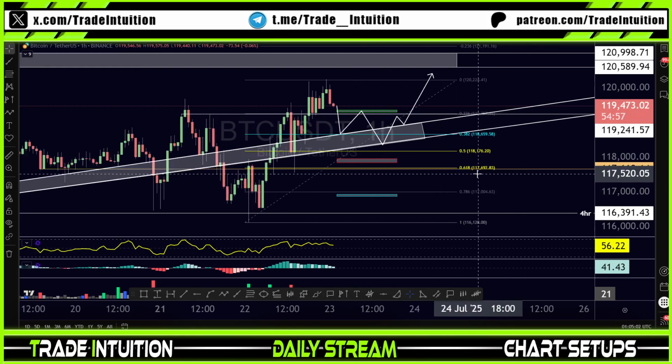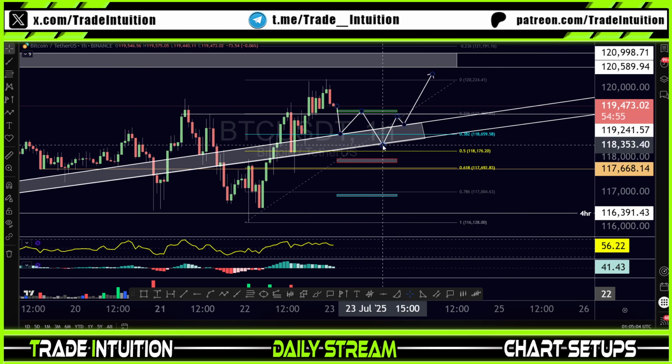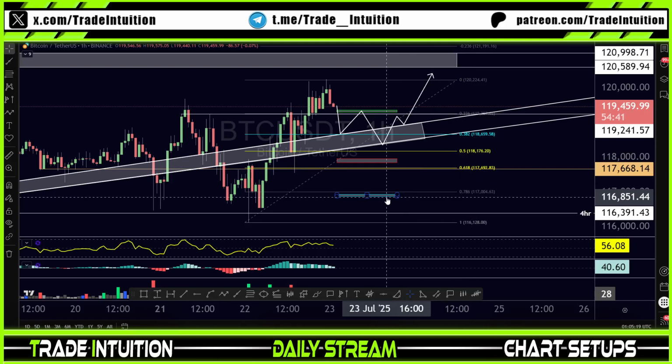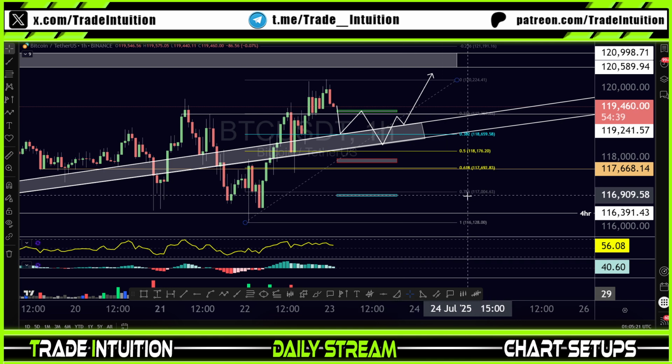This is really important. Now, if it breaks this zone, here we have our point of control. This may be a nice area for a bounce. It is right dab smack in the middle of our golden pocket between the 0.5 and the 0.618. And our value area high is right underneath our 0.786 level. So this is what I'm thinking.